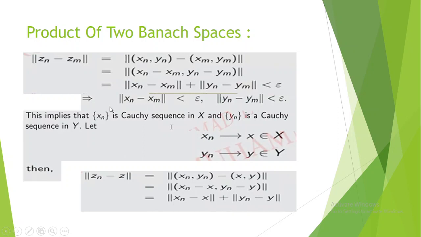So we see from here that this norm is less than epsilon, and also this norm is less than epsilon. Now, this implies that Xn is a Cauchy sequence in the normed space X, where X is a Banach space.